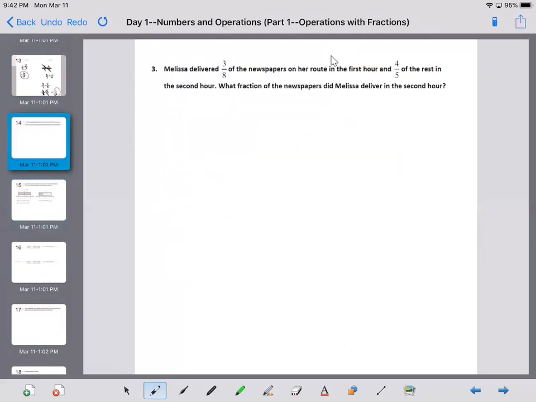Melissa delivered 3/8 of the newspaper on her route in the first hour and 4/5 of the rest in the second hour. What fraction of the newspaper did Melissa deliver in the second hour? So we'll have 3/8 of the newspapers on the first hour, and then we're going to take 4/5.